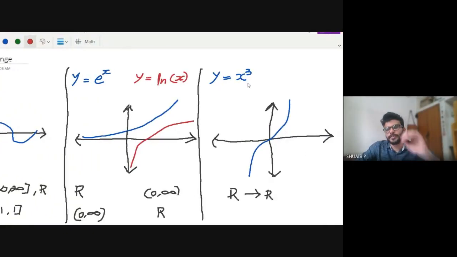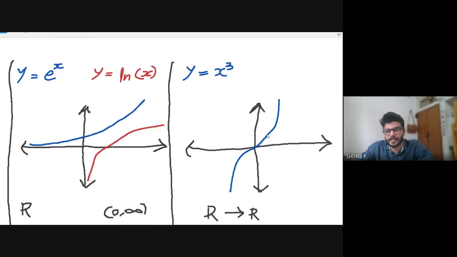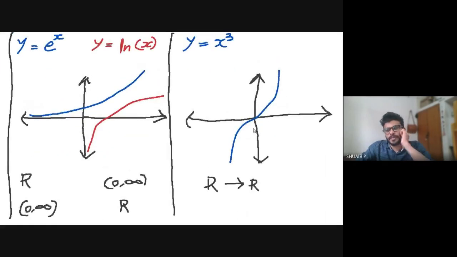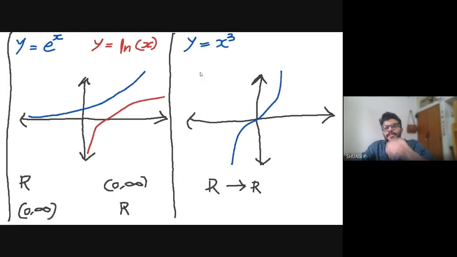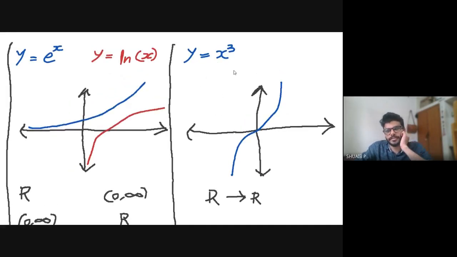Yeah. So here you can see for which x values you have an image. Here the domain will be the set of x. You can see for which values of x you can have an image in y.